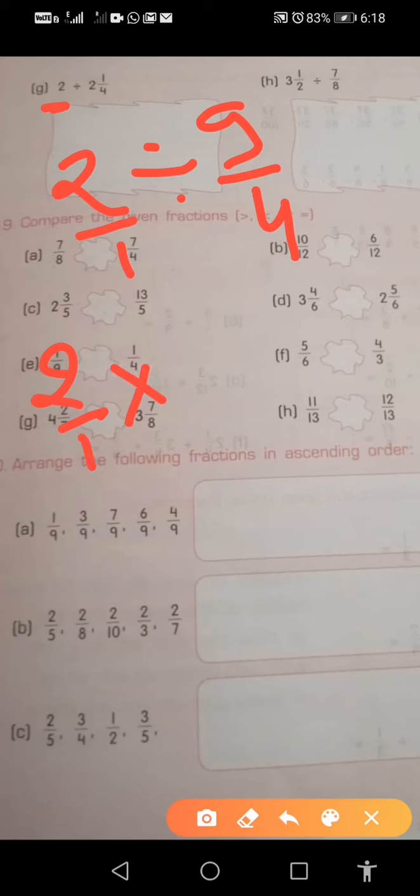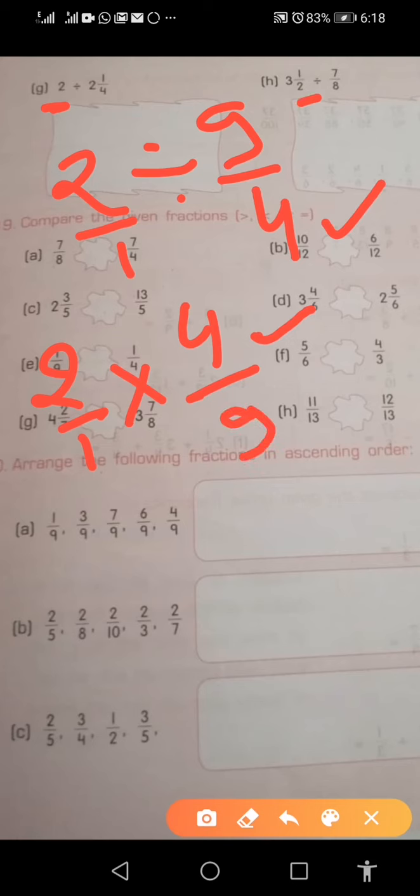Convert the division into multiplication and the fraction will be flipped: the denominator becomes the numerator and the numerator becomes the denominator. Now 2 cannot cancel with 9, and 9 cannot be cancelled by 4 or 2, so we directly multiply. 2 4s are 8, 1 9 is 9, so the fraction becomes 8 by 9.